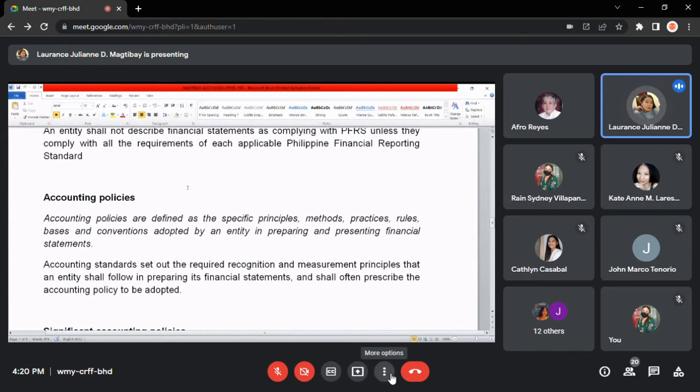Accounting policies. Accounting policies are defined as the specific principles, methods, practices, rules, bases, and conventions adopted by an entity in preparing and presenting financial statements.